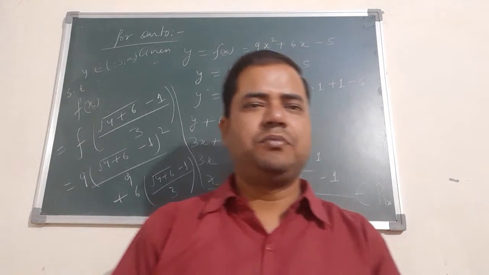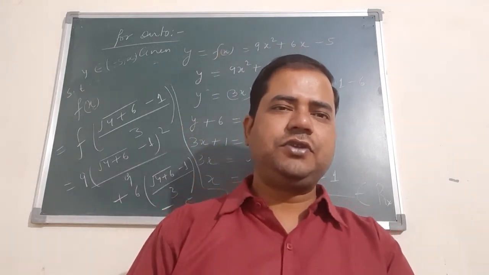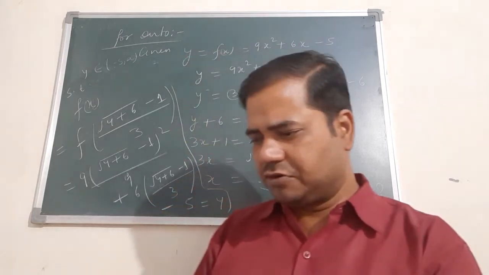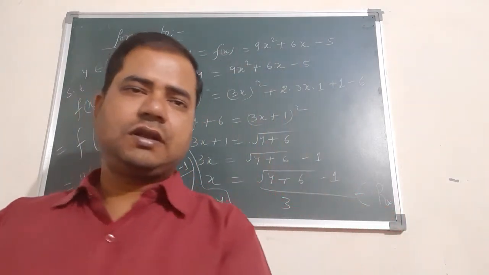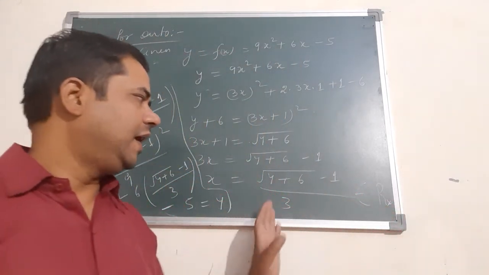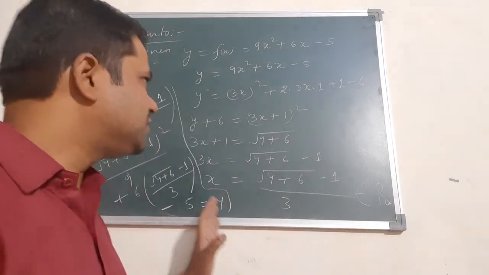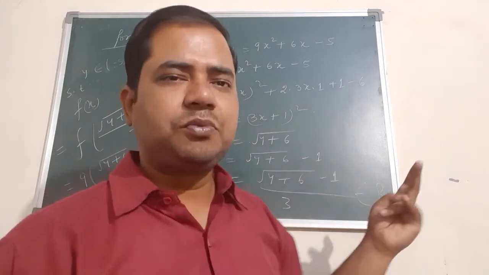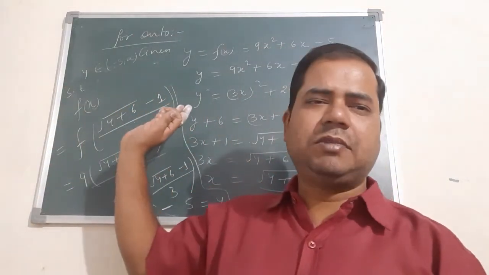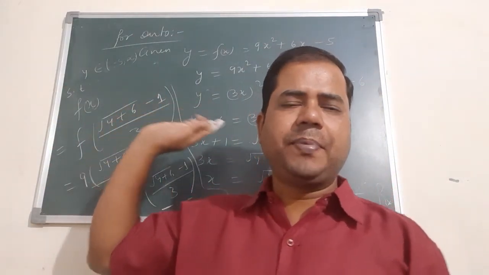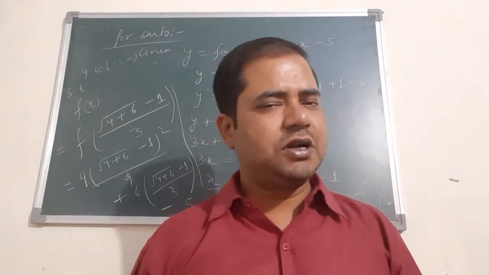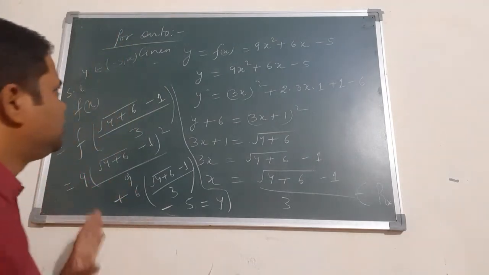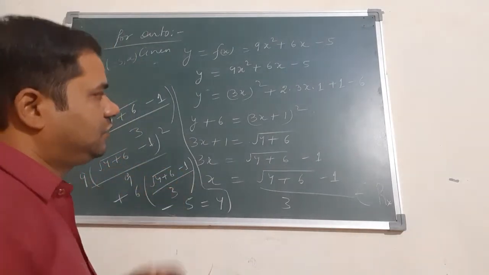So I hope you are enjoying this particular video and understand the question. This is the most important question and so many times asked in the board. And one more thing is there. Sometimes this particular question is asked in the manner, suppose all the things are same, like the given function is same, you have to show this is an invertible function, but in the last one more particular question is added.